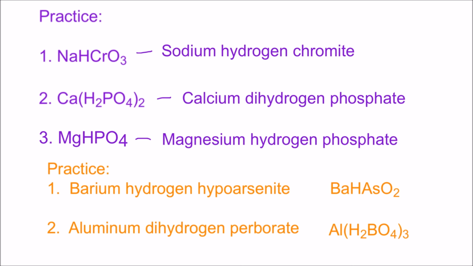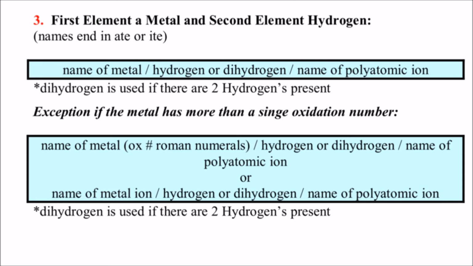Alright, so hopefully you're able to work through either from the molecule to the name or the name back to the molecule. And then we have our exception as usual. What if the metal has more than a single oxidation state? Well, we go back to the same old, same old. You say the name of the metal, then we can do the Roman numerals in parentheses for the oxidation number.